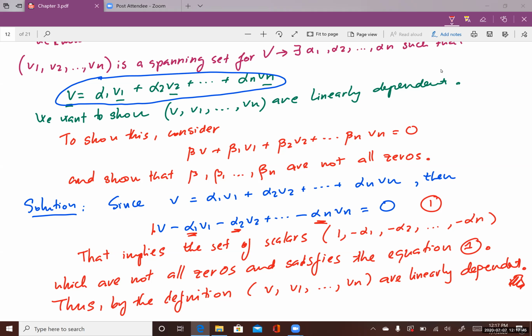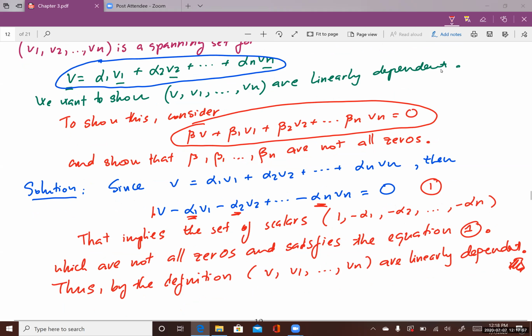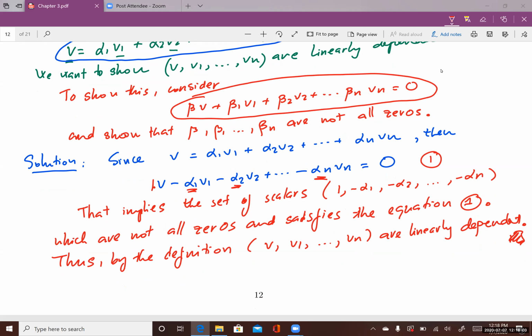We already showed that if you consider this equation, and there's a set of scalars that are not all 0 that satisfy it, then v, v1 to vn are linearly dependent. And this is what we show here.